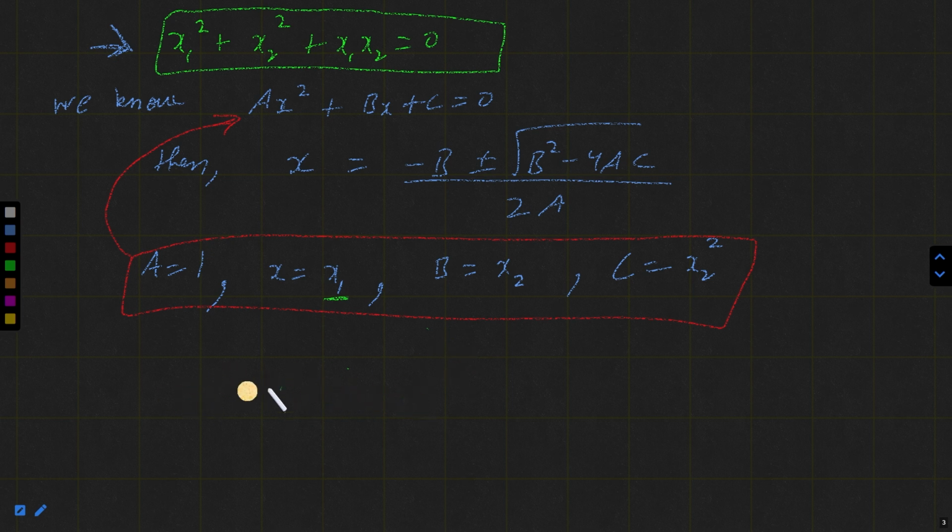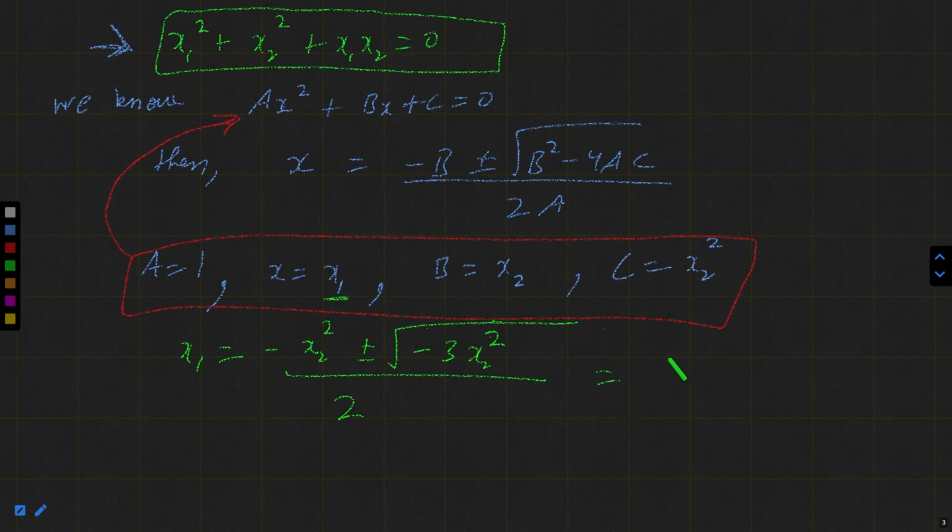Now we will find the value of x1. So x1 will be minus b, which is x2, plus minus root of b square, which is x2 square, minus 4 times a, which is 1, times c, which is x2 square, so this will be minus 4 x2 square, and this will be minus 3 x2 square. In the denominator, 2 times a is 1, just 2.